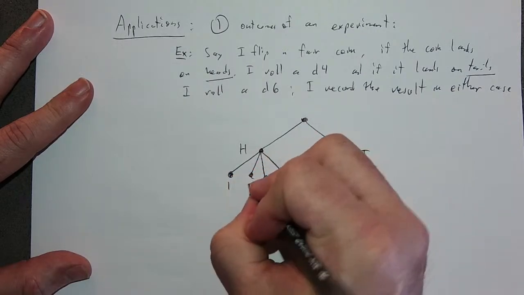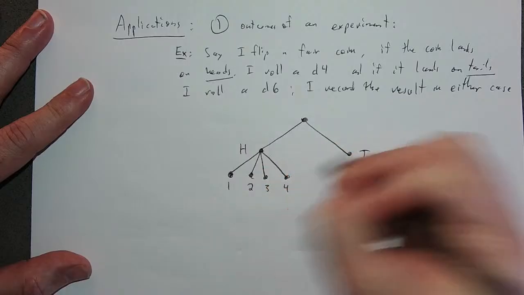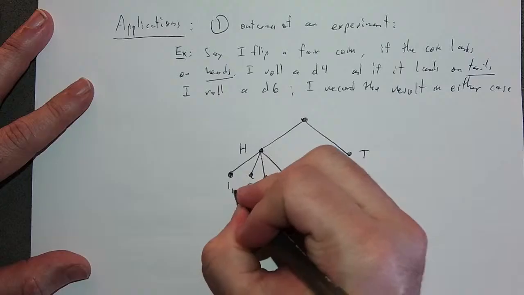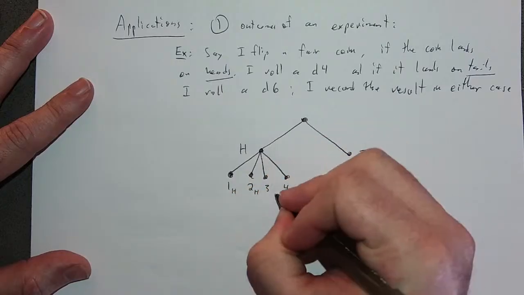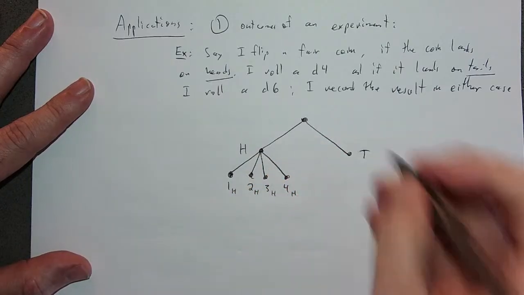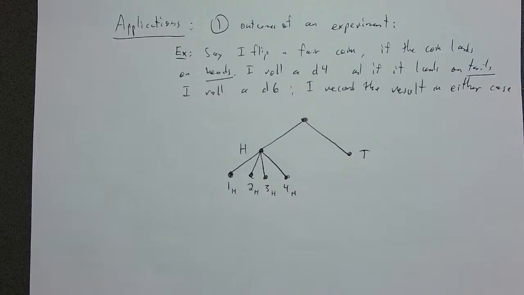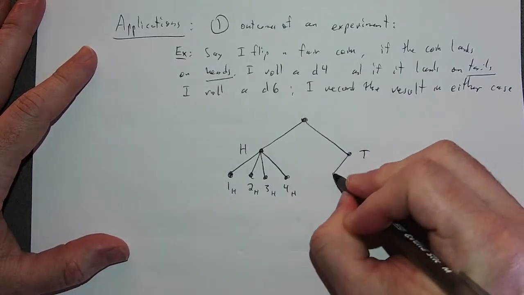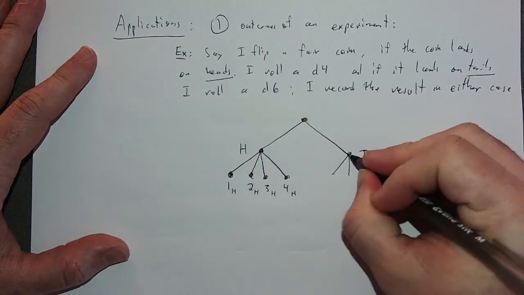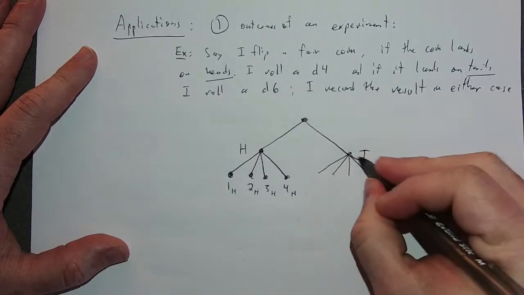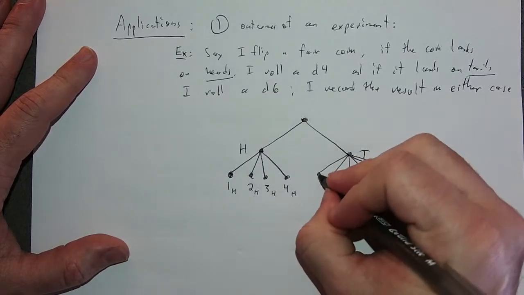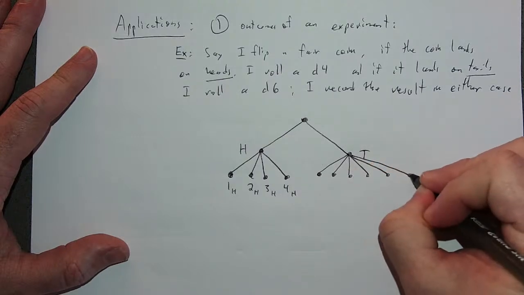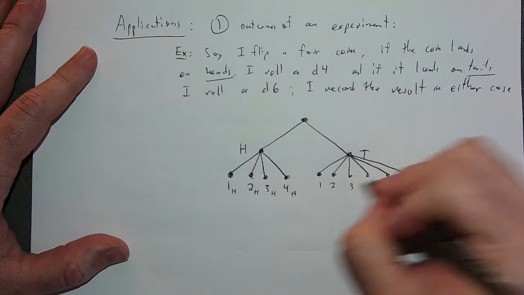Maybe I label those 1, 2, 3, 4 to keep them separate from the vertices over here. You wouldn't have to do that. This is just something I'm doing right now. Tails, I roll a d6, so there are 6 options here. 1, 2, 3, 4, 5, 6.